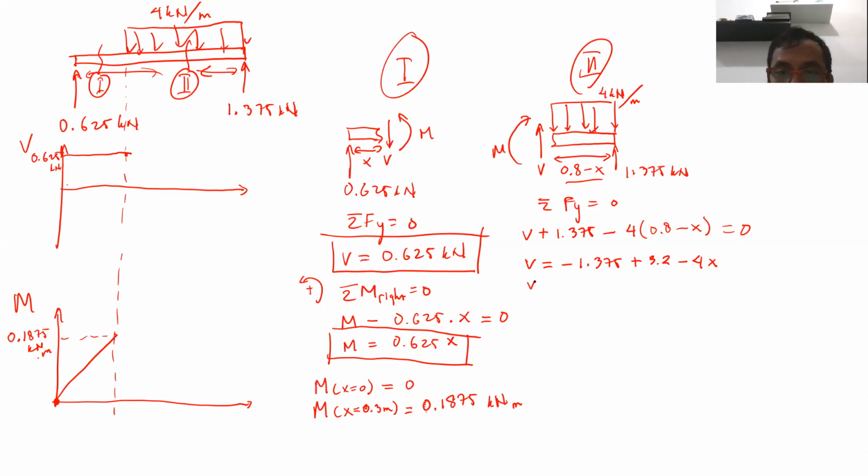Okay, so your V there will be 3.2 minus 1.375, 1.825, minus 4x. So that's your equation for the V.